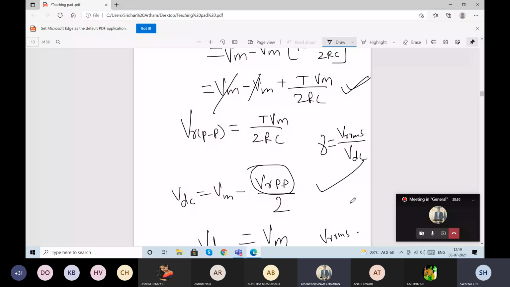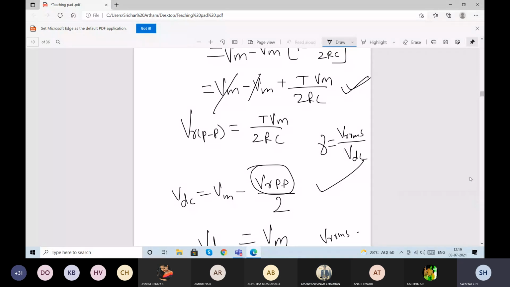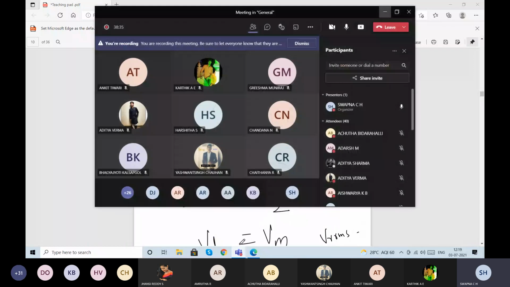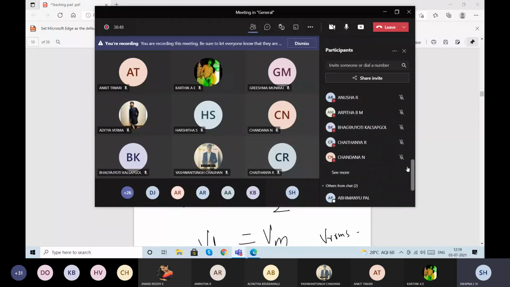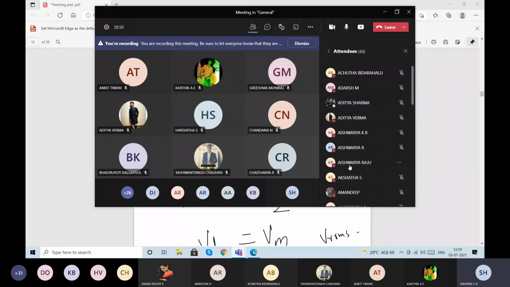Everybody understood both the derivations? Until the half wave rectifier with C filter, do you have any doubts?